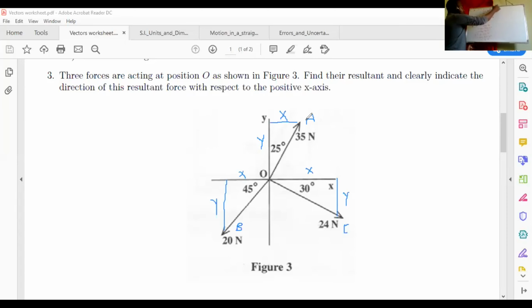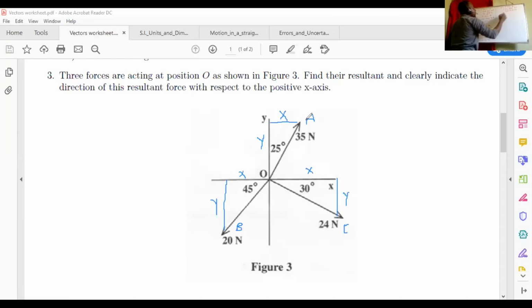All right, and then finally, for C, X there would be adjacent, so it's cos, so that is 24 cos 30, which is 20.78.